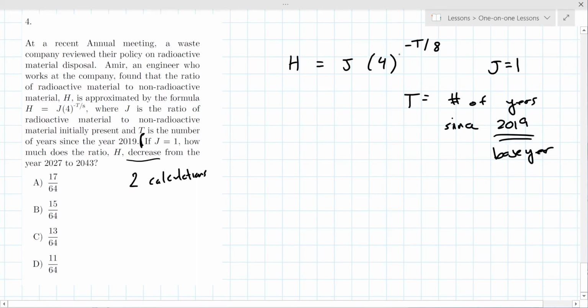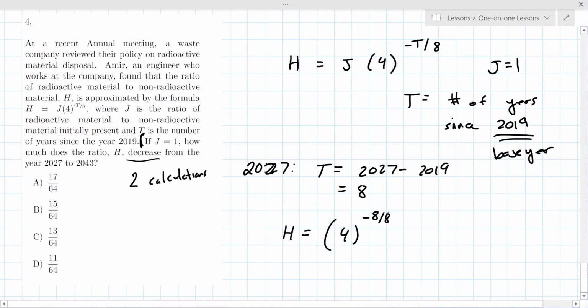But for the year 2027, t equals 2027 minus 2019, which is 8. I'm going to do the same thing for 2043, right? So h is equal to j, but j is 1, so it's not even needed. It's extra information. 4 to the power of minus 8 over 8.